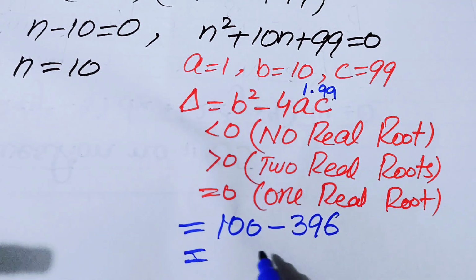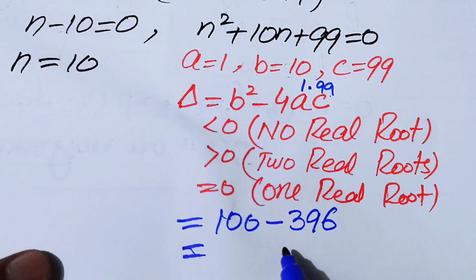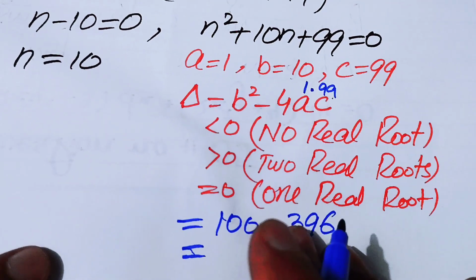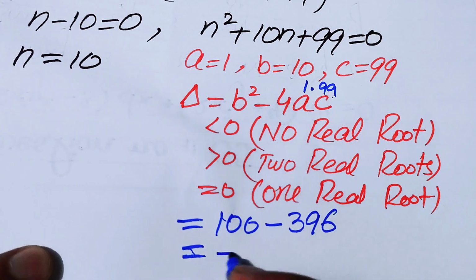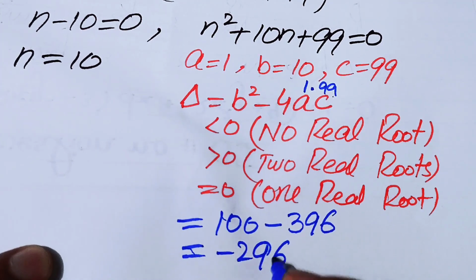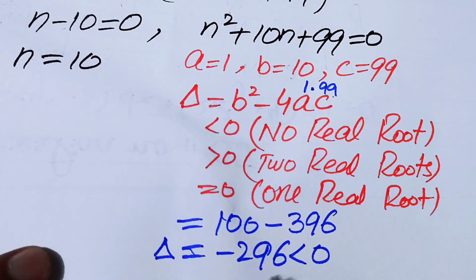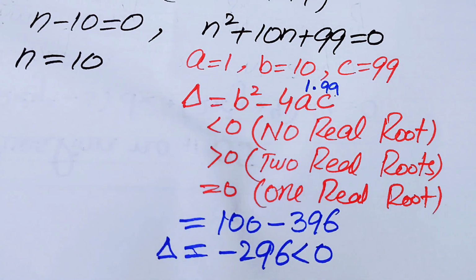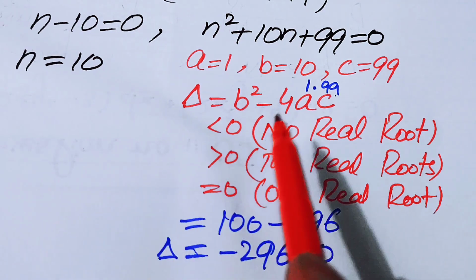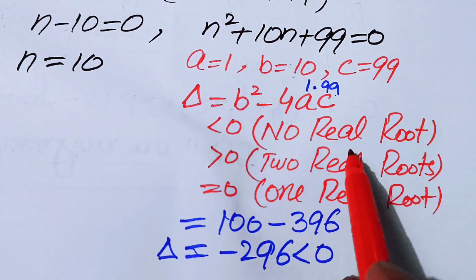So here you get 100 minus 396 is equal to minus 296. So this shows that our delta is less than 0, which means that this quadratic equation has no real root.